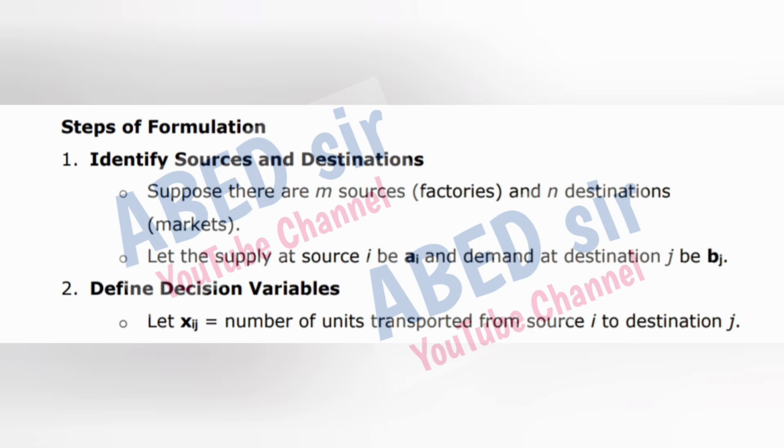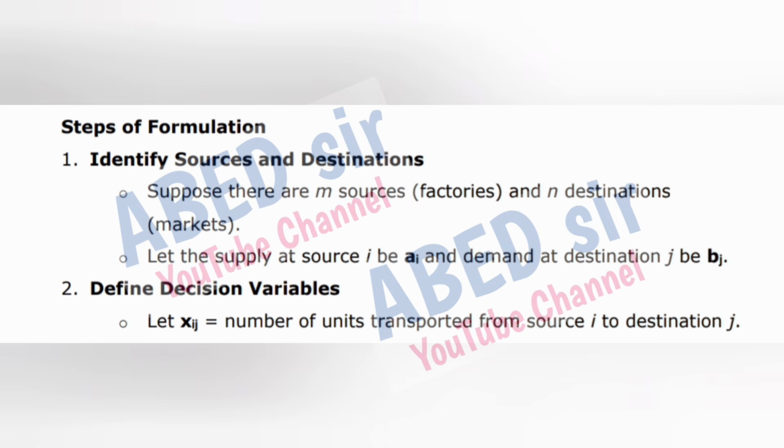Steps of formulation. 1. Identify sources and destinations. Suppose there are m sources (factories) and n destinations (markets). Let the supply at source i be a_i and demand at destination j be b_j. 2. Define decision variables.